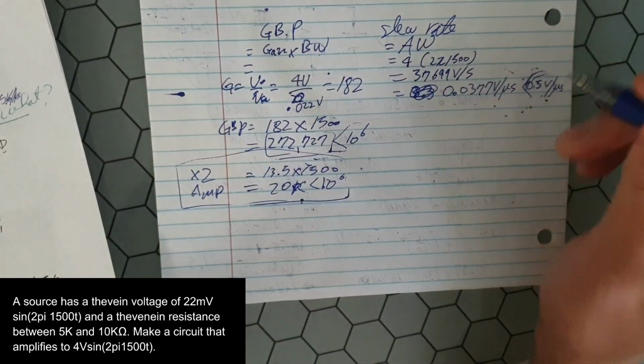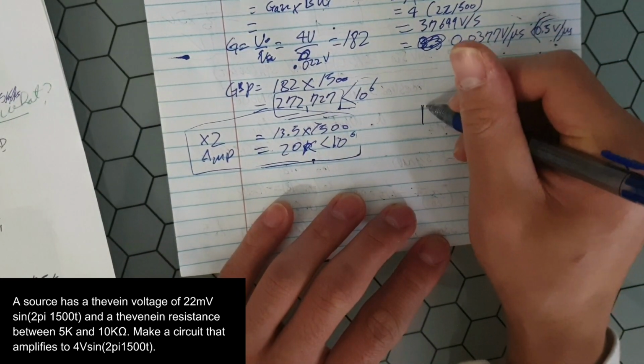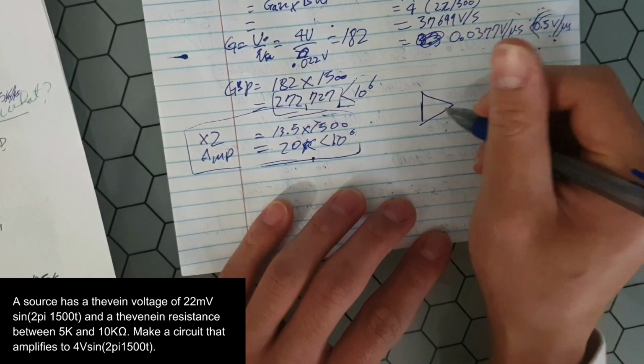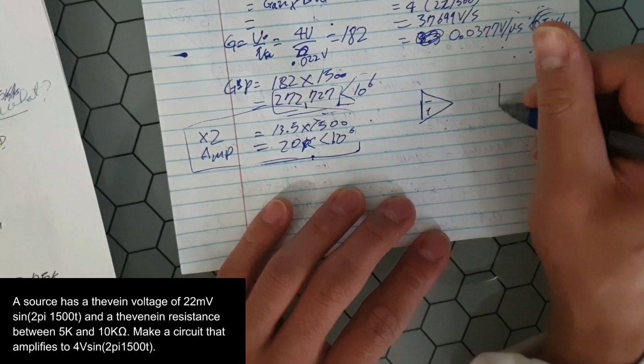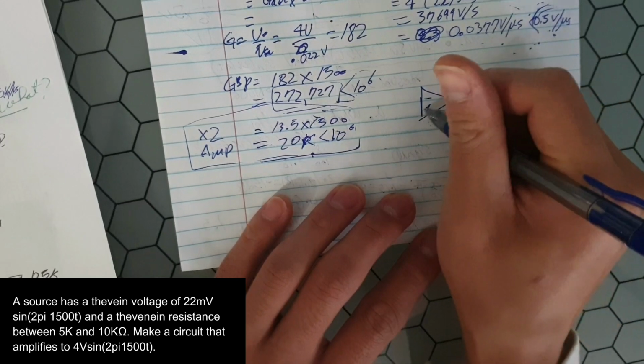And now we just need to build a circuit. So we'll have a 2-stage op-amp, and typically they look something like this.